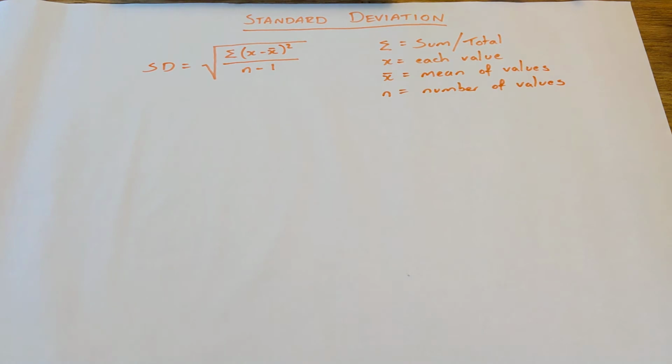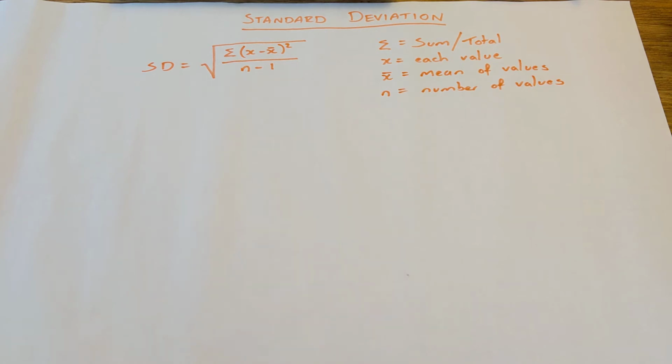If we get a really low standard deviation, that tells us something about the data, and if we get a really big standard deviation, that tells us something else as well. So the smaller the standard deviation is, that means the values are all closer to each other and quite consistent. A big standard deviation means they're all spread out and quite inconsistent with each other.